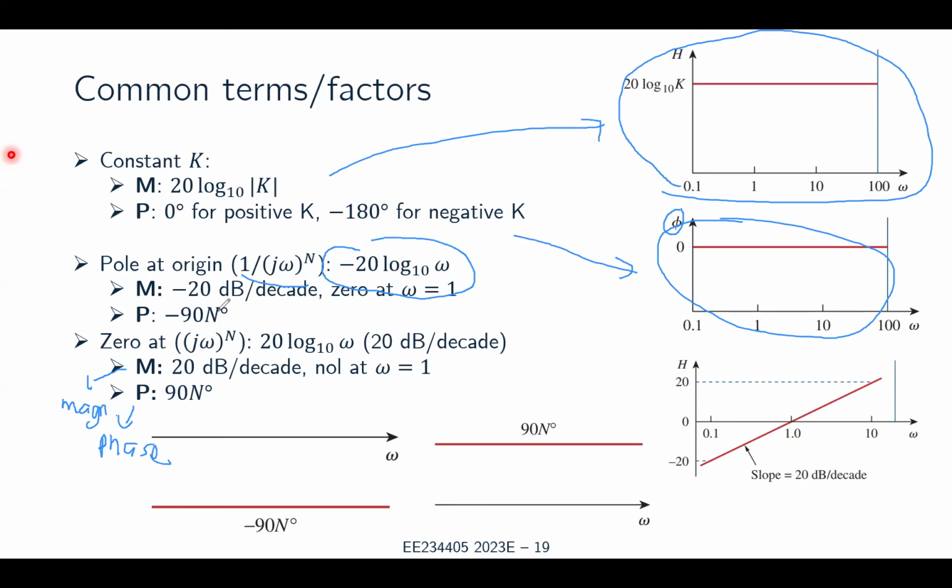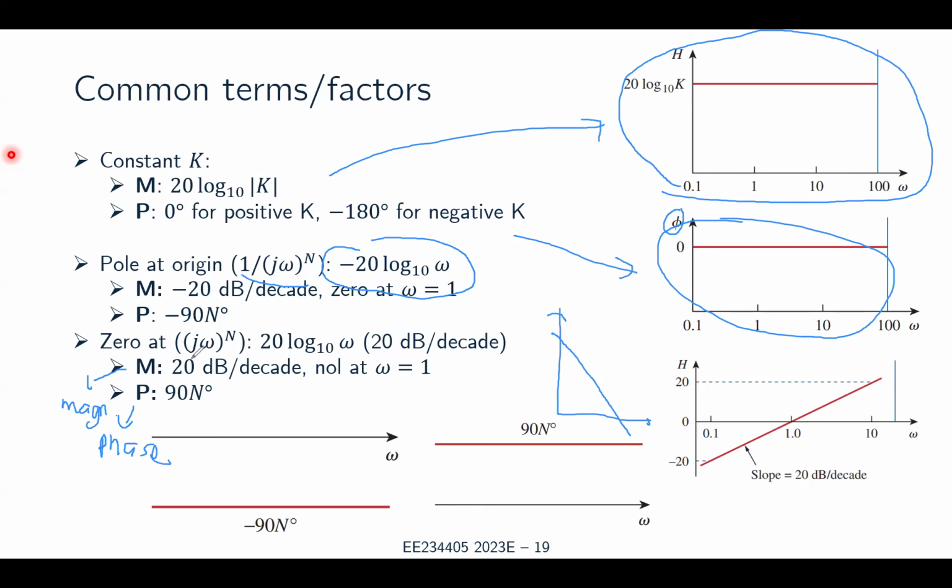Note that this is the line that goes down, that decreases. It's a straight line with gradient or slope minus 20 per decade. A decade means from 1 to 10 is one decade, from 10 to 100 is another decade, right?